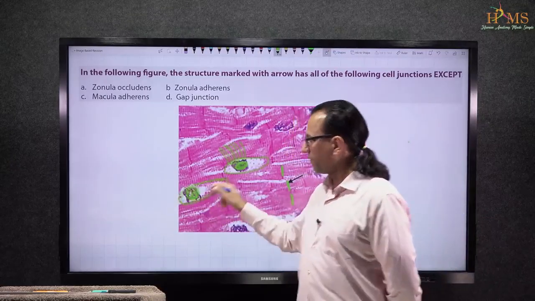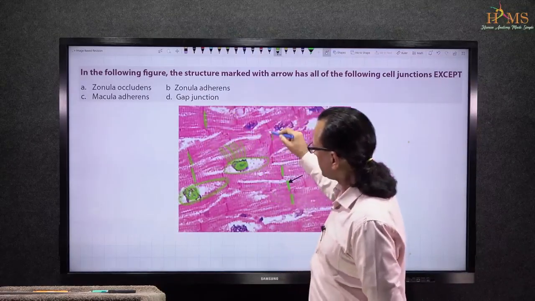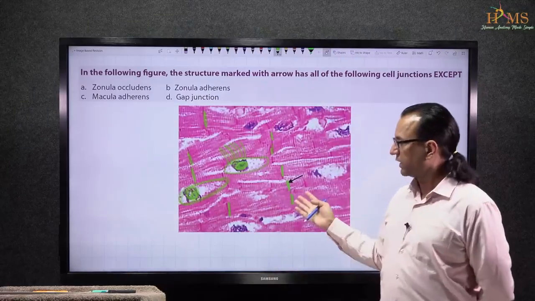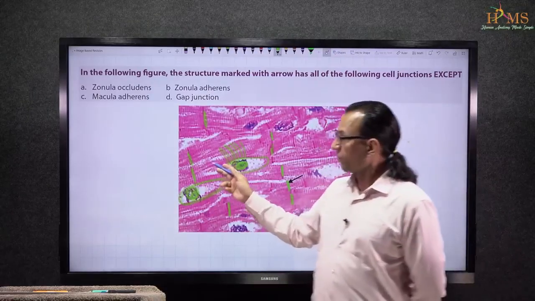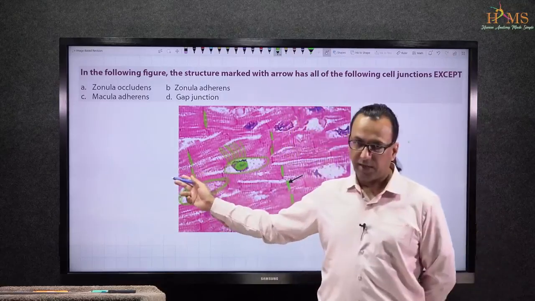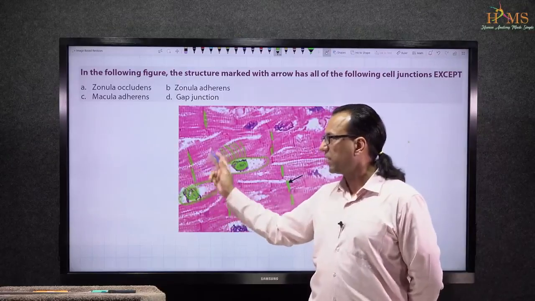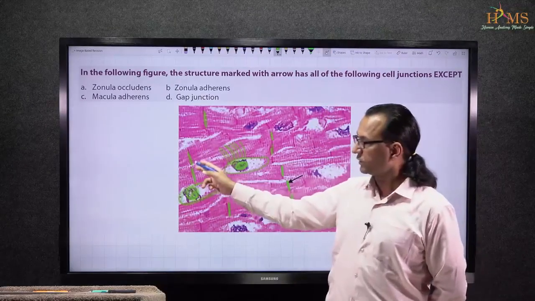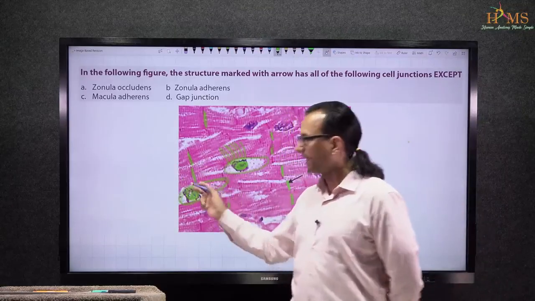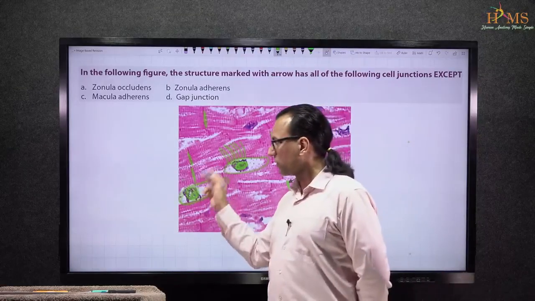So this is definitely a cardiac muscle showing some intercalated discs, which are intercellular junctions, and they can have numerous types of cell junctions. That could be the gap junction for the transfer of the electrical impulse. Electrical synapses are there. Calcium ions can move from one cell to the other through the gap junction. They also have desmosomes to hold the cells with each other, as there is contractility and stretchability, so the cells should not separate from each other.